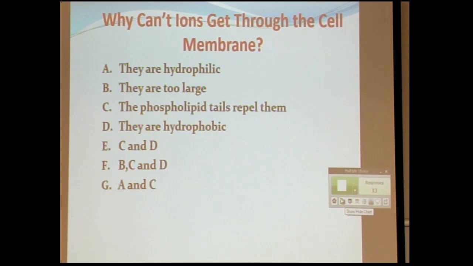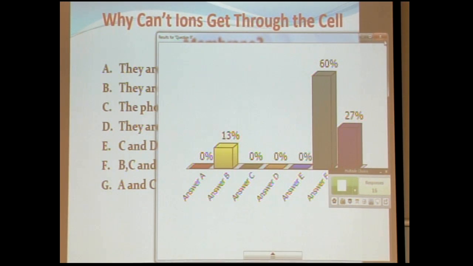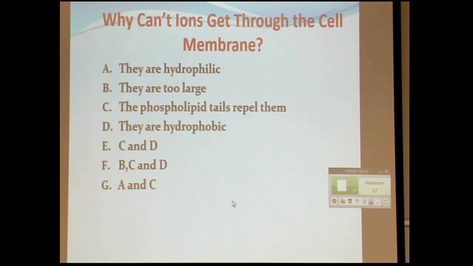Anybody else? All right, so I would say G is the best answer there. So what was it before you put G? Wasn't really right. A would have been. Yeah, A was the right answer.